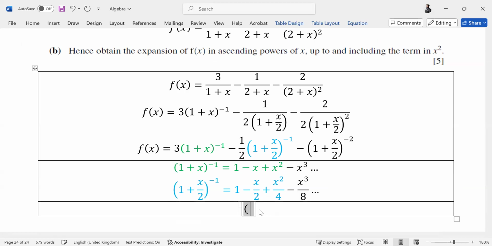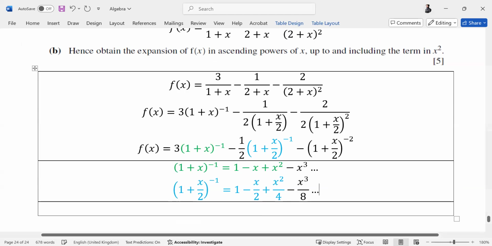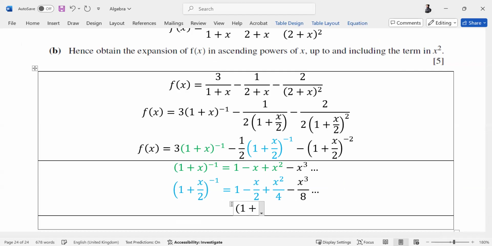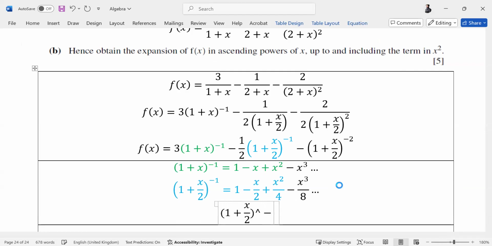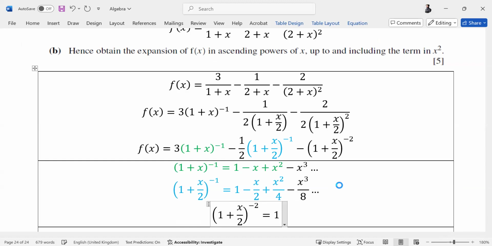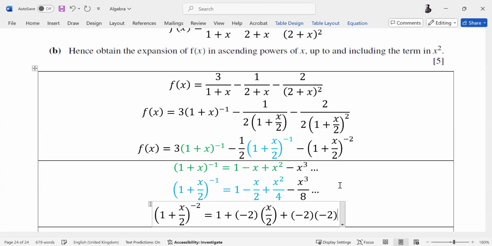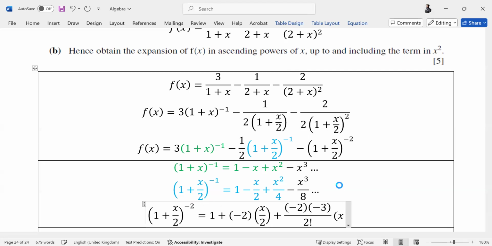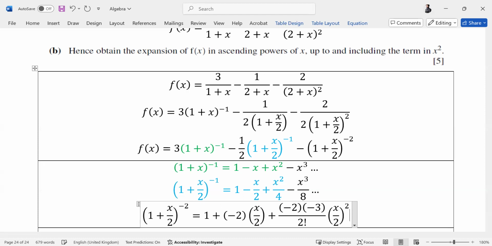One plus first term is 1, then it is n into the second term, and then it is n minus 1 upon 2 factorial into second term का square.